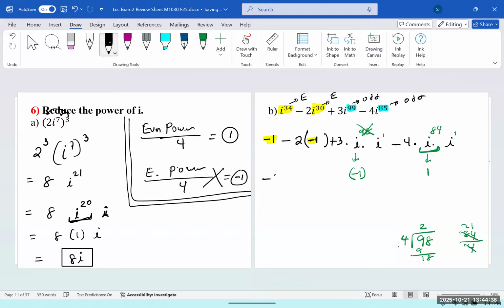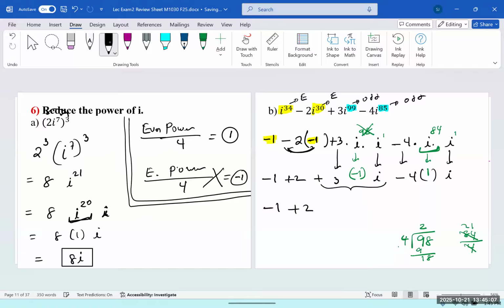So we have -1 here. This one, when you multiply, you get +2. And then you bring down your 3, bring down your i. For the fourth one, bring down your -4, and you bring down your i. So -1 plus 2.